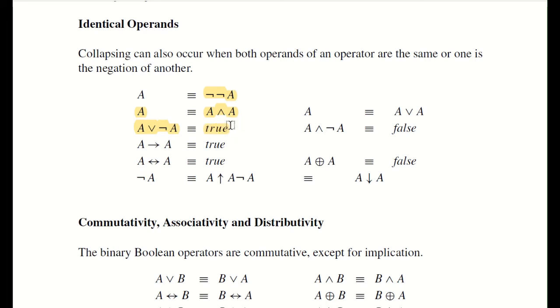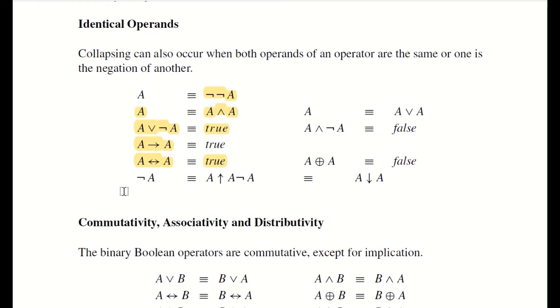We have true, or simply we write 1. If we have an implication from the same statement to itself, we get true. If we have an equivalence like this, again we have true.